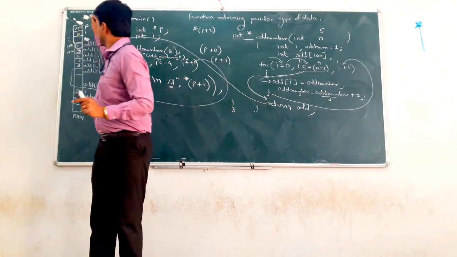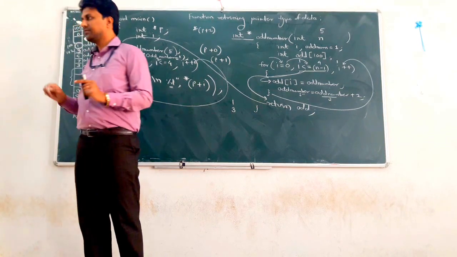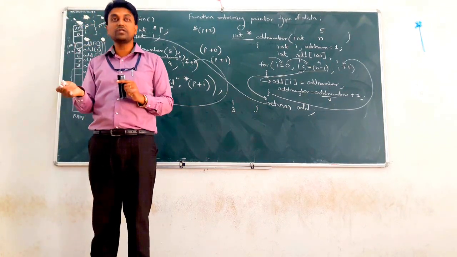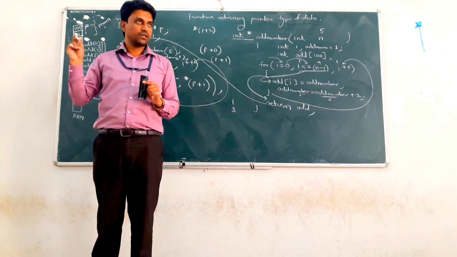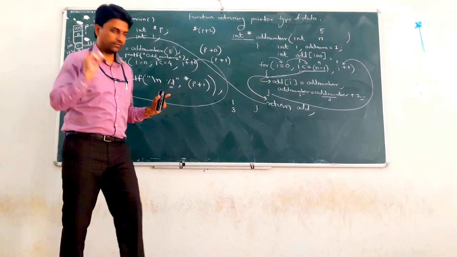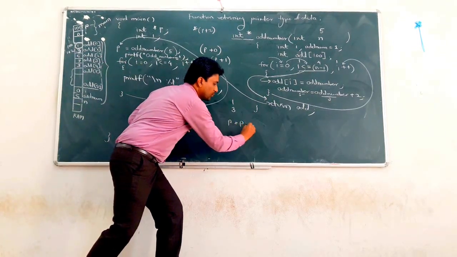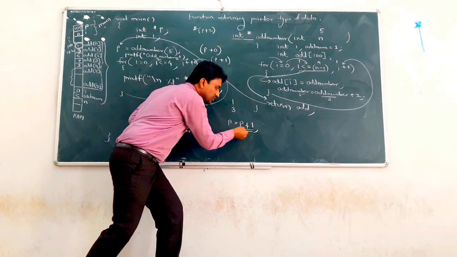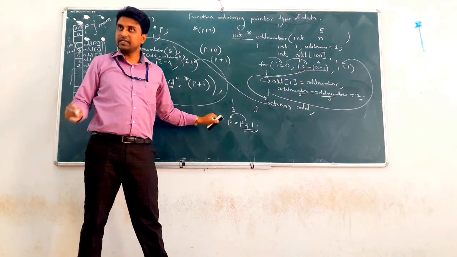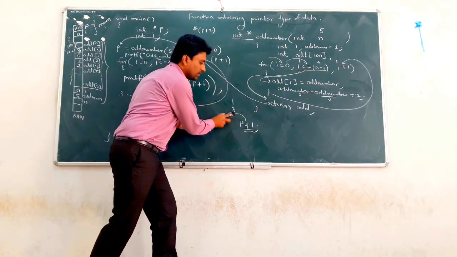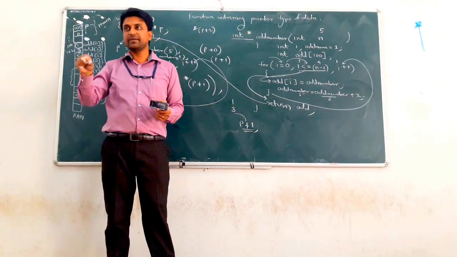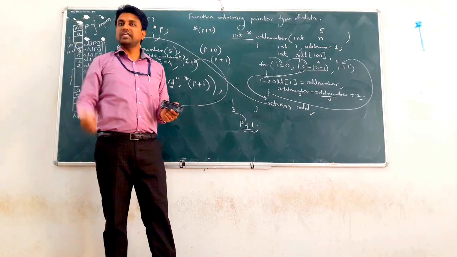The address of p remains 100. We cannot change the value of the pointer variable p by writing p plus 1. It remains the same. We can only calculate it. For example, p is equal to p plus 1 would change the value of that address location. If it is just p plus 1, p plus 2, p plus 3, the address of p remains the same.